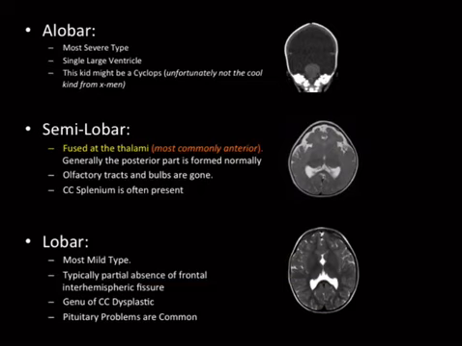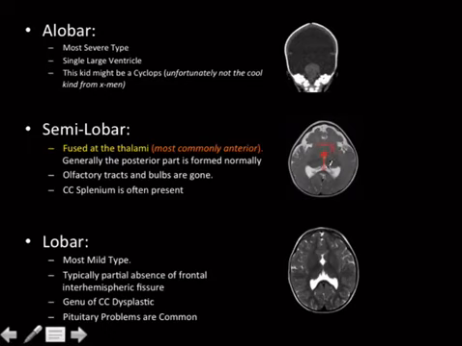Semilobar is the medium one. The thing to know about this is fusion at the thalamus, most commonly anterior. So where corpus callosum formation is anterior to posterior, cleavage occurs from back to front in this direction. So you can have a lack of cleavage occur just in this anterior part.